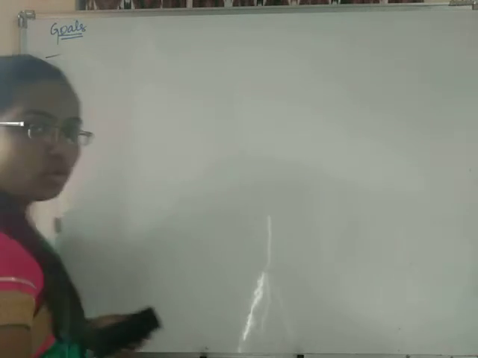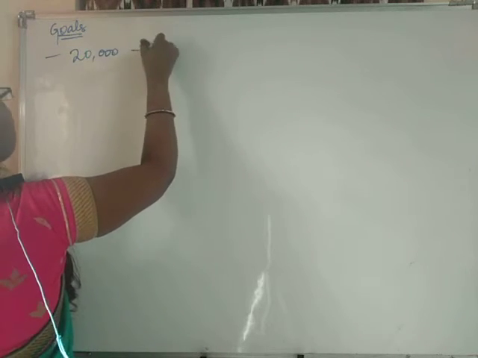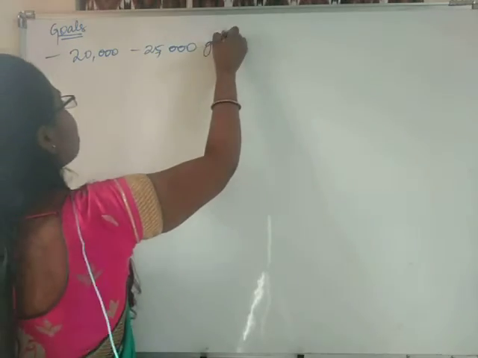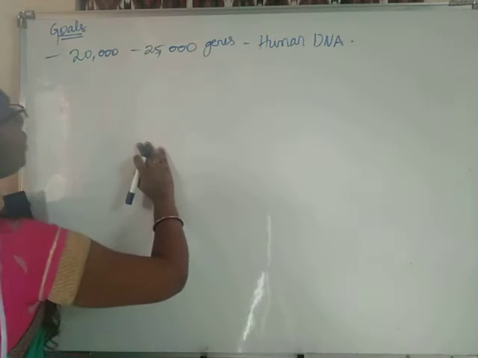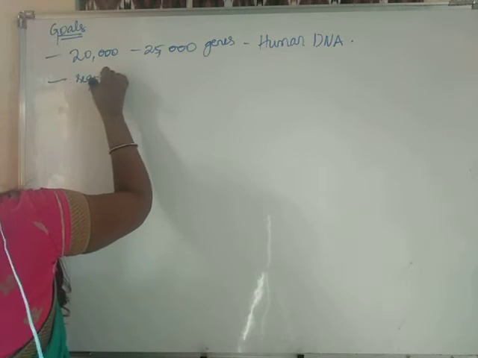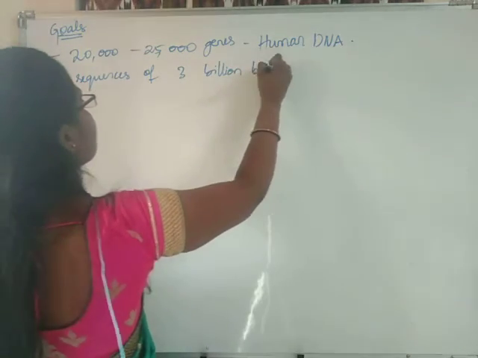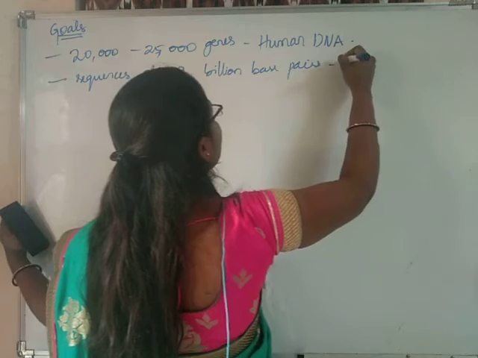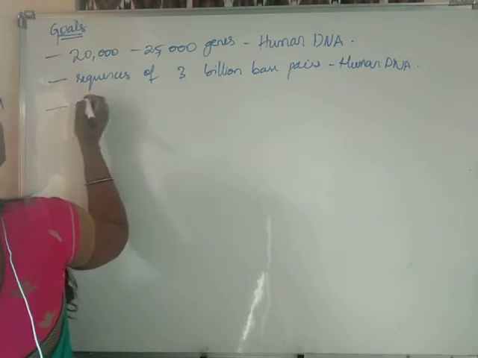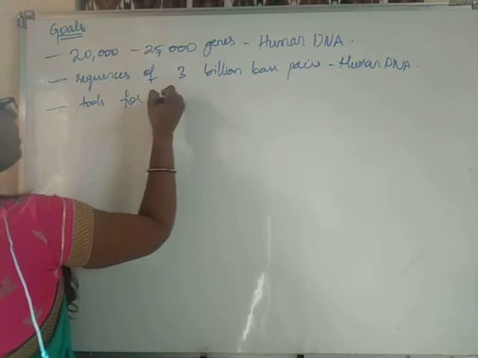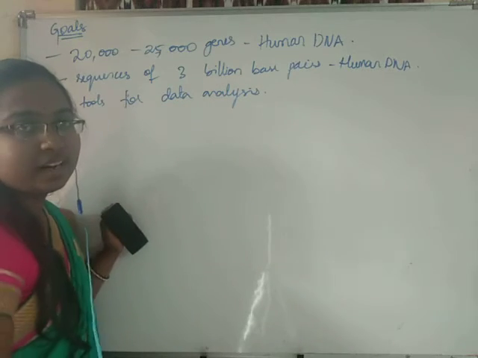The goals of the Human Genome Project are to identify all the 20,000 to 25,000 genes which are present in the human DNA. To identify the sequences of nearly 3 billion base pairs which are present in the human DNA. Developing tools for data analysis.